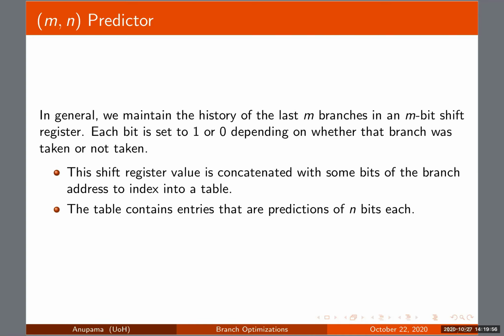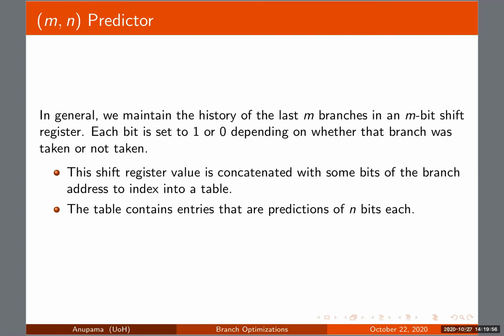If the values typically given to AA and BB, for most of the inputs that come in, result in taken or not taken, this sort of profiling can be done. We can run it with the test suite and profile the program. Based on that, the compiler can make a good prediction and rewrite the sequencing of the code.